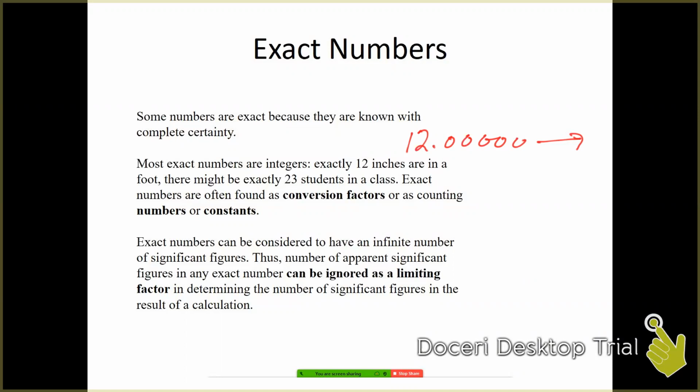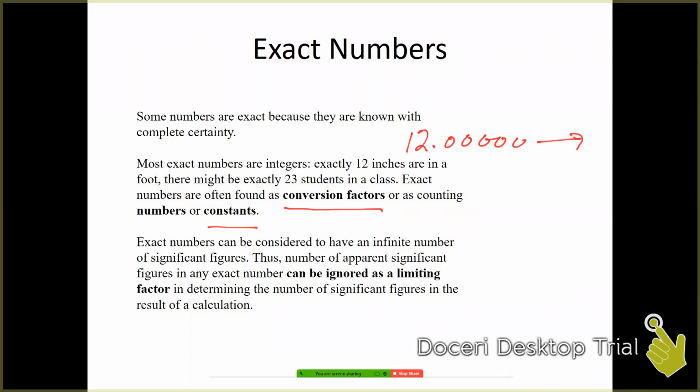So whenever we use a counting number or a number like that, or a conversion factor or a constant, those do not affect your sig figs. And as we go throughout the year and we start to use those again, I'll bring this up and it'll make a little bit more sense. But those numbers are considered to have an infinite number of sig figs, so they're not going to affect your calculations.